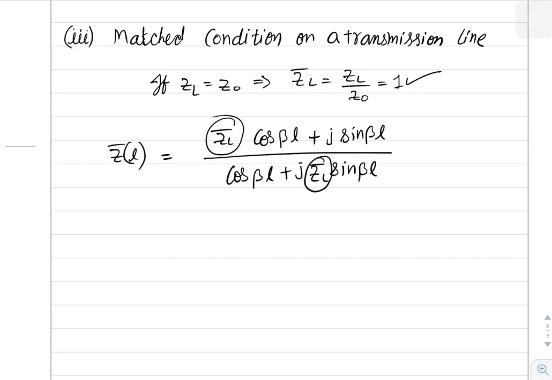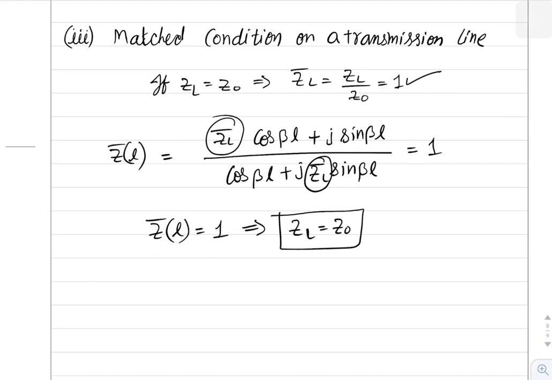Then the remaining expression, cos βL + j sin βL by cos βL + j sin βL, is nothing but 1. ZL bar equal to 1, which implies ZL value equal to ZO. This is the condition for a matched transmission line.